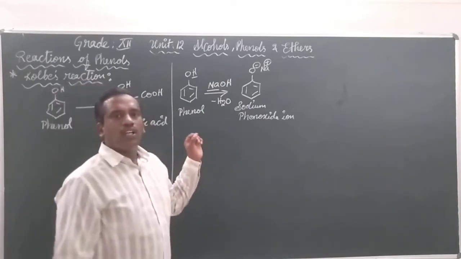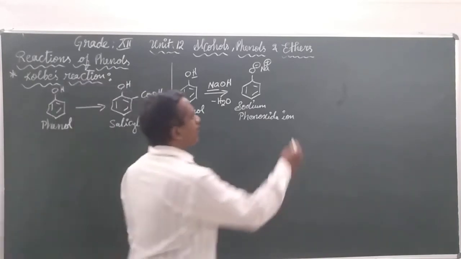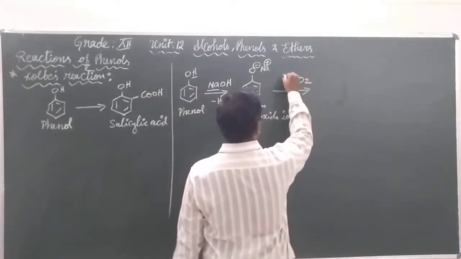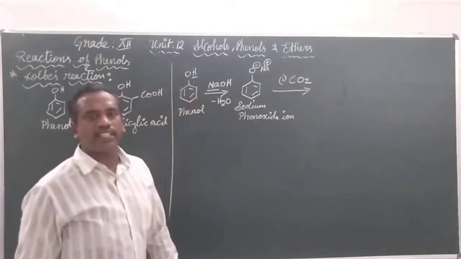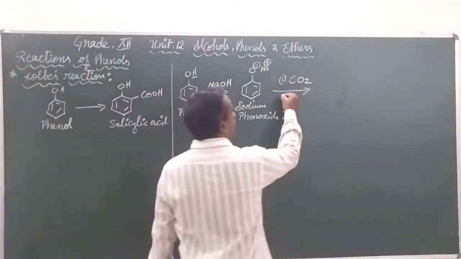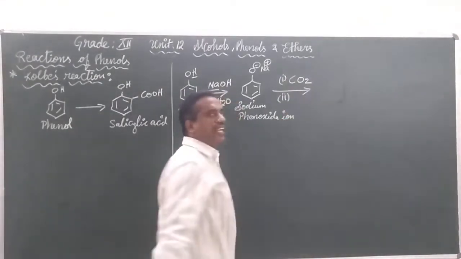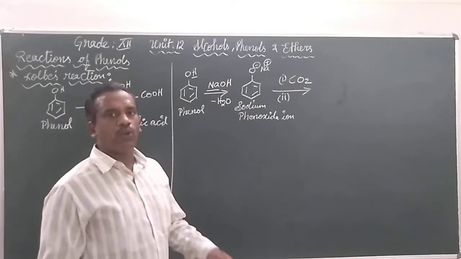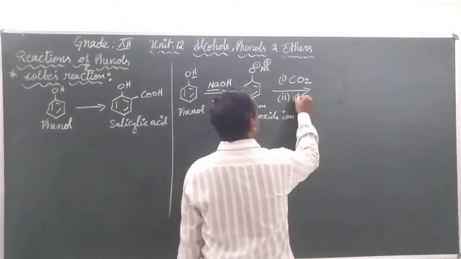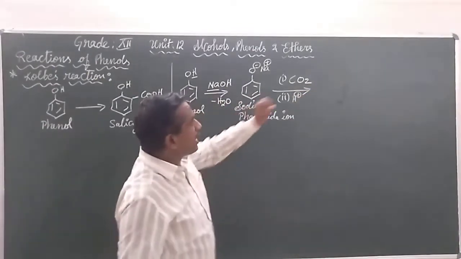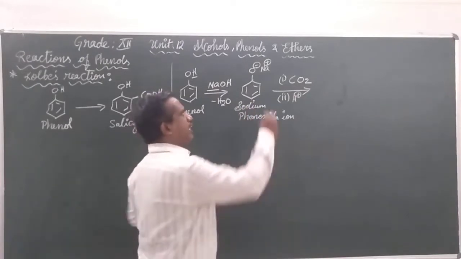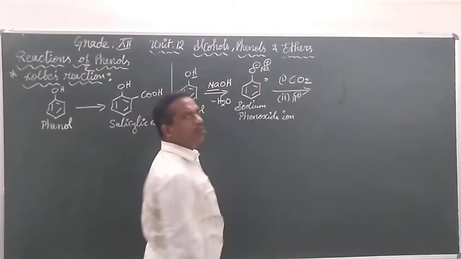Now for this sodium phenoxide ion, we are going to add carbon dioxide. One more reagent that we are going to add is carbon dioxide, followed by an acidic medium reaction. We use any mineral acid that produces H plus ion, so that the carbon dioxide is added to the sodium phenoxide at its ortho position.